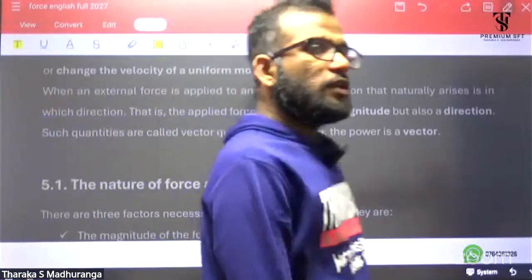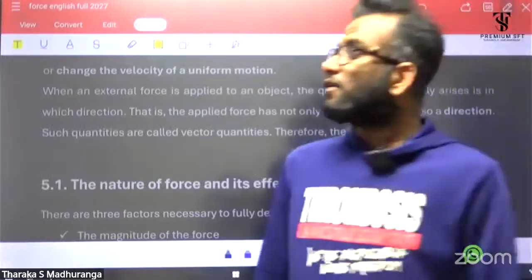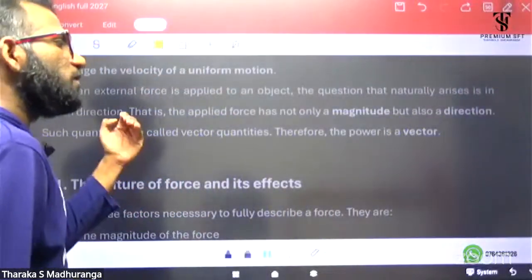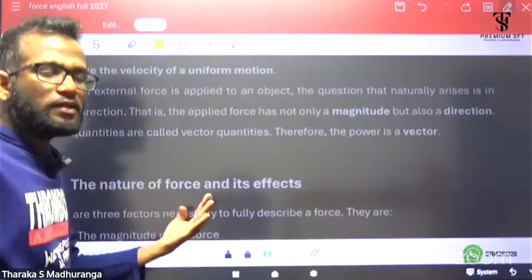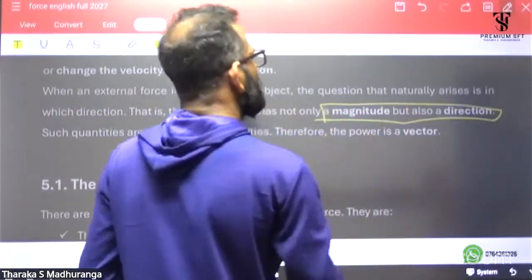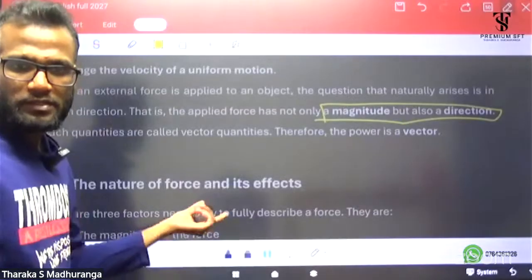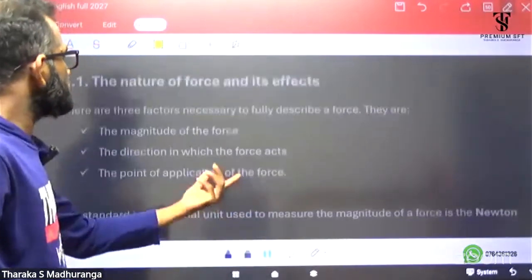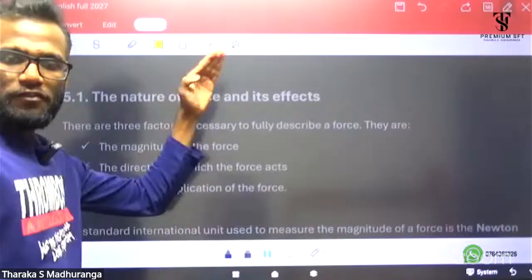Next, third point, force is always a vector. It has a direction as well as magnitude, both. Therefore, force is a vector quantity.